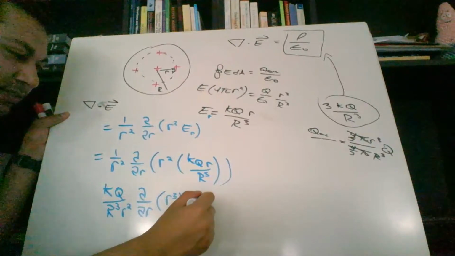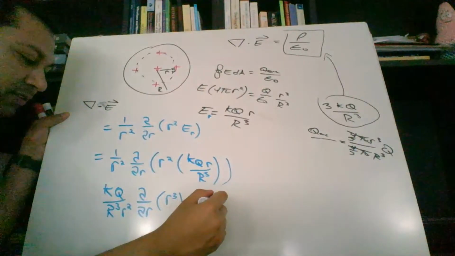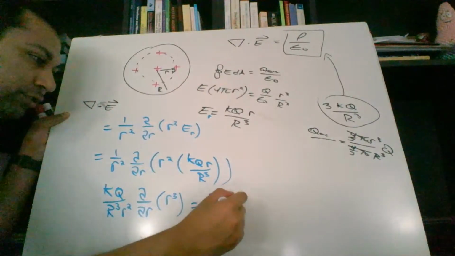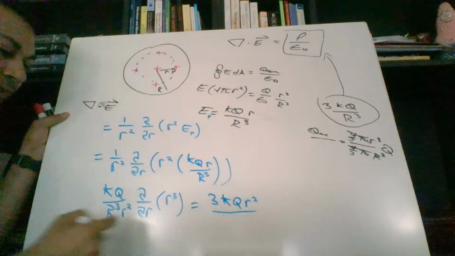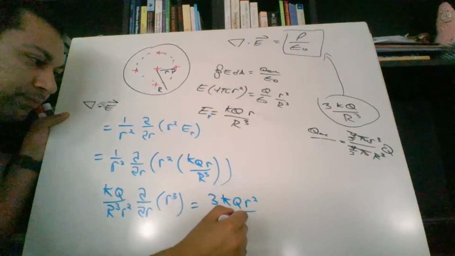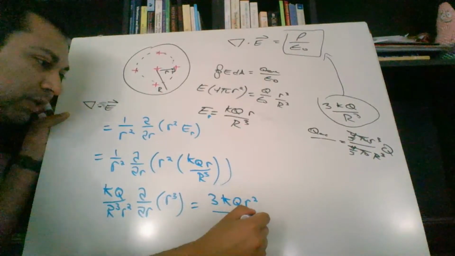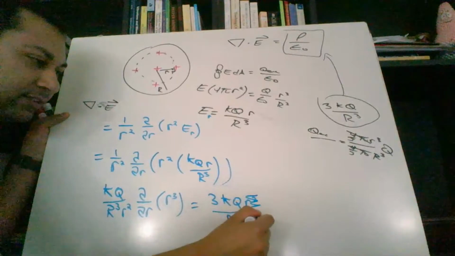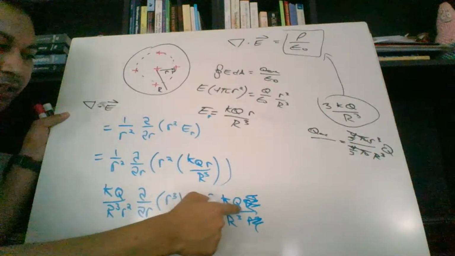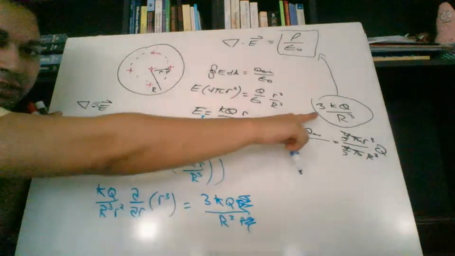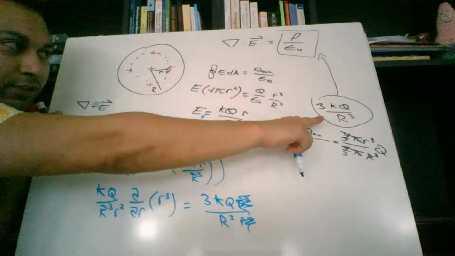So we get 3 times kq r squared on the top, and on the bottom we have r cubed r squared, and the r squares cancel out, and look at this. You get 3kq over r cubed, which is what we got on the other side of the equation.